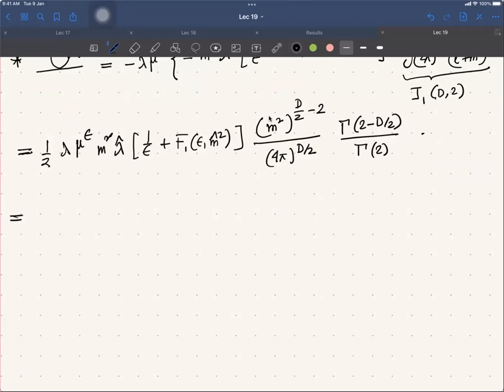Now write d equals 4 minus epsilon and write the entire expression in terms of epsilon.